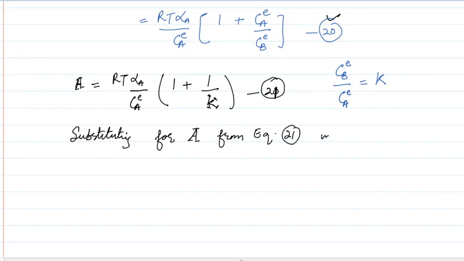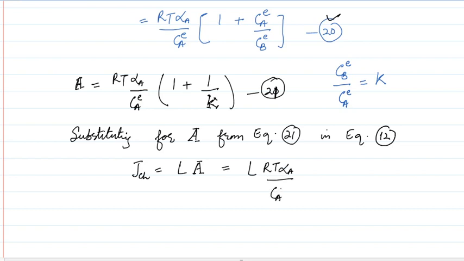Equation 21 in equation 12. So we will simply obtain that JCH will be equal to L into A. We have this equation, so in place of A we will simply insert the values RT alpha A upon CA equilibrium into 1 plus 1 upon K.